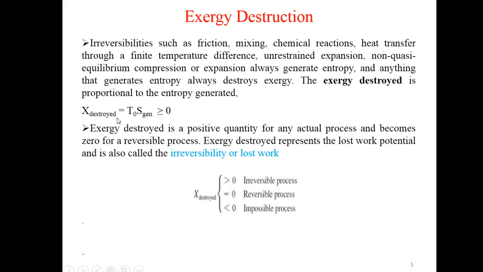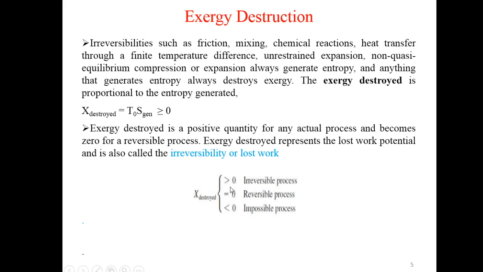So exergy destroyed will be equal to T naught S generated, entropy generated into environment or dead state temperature, greater than or equal to 0. Exergy destroyed is a positive quantity for any actual process and it becomes 0 for a reversible process. Exergy destroyed represents the lost work potential and is also called the irreversibility or lost work.